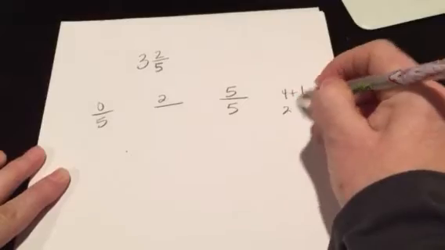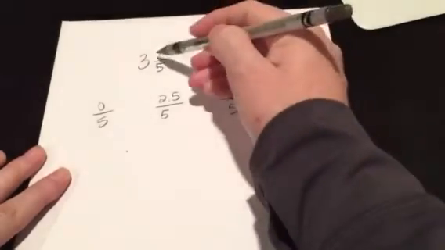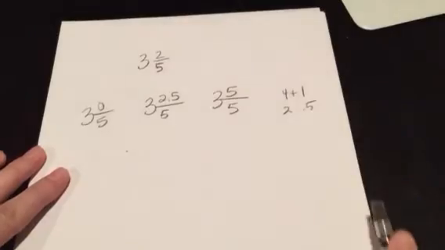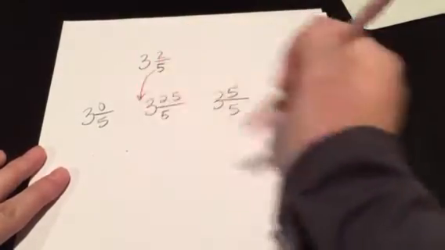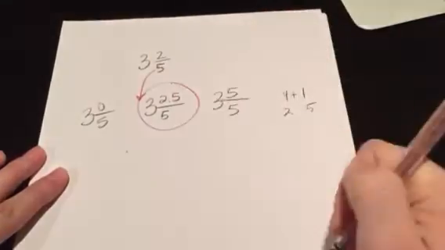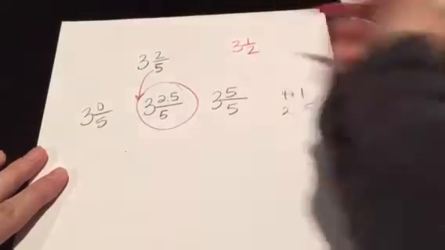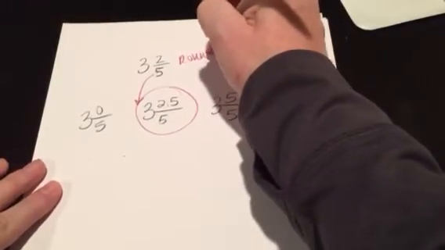Half of 4 is 2 and half of 1 is a half. So it's 2.5 fifths. And all we have to do is add the whole number there. And so we can see that 3 2/5 is going to fall right there. And it's close to rounding to 3.5. So it rounds to 3.5.